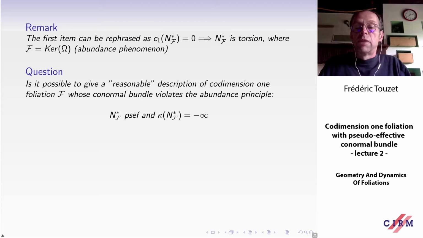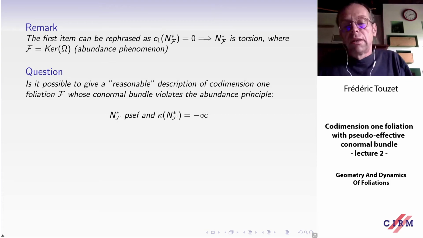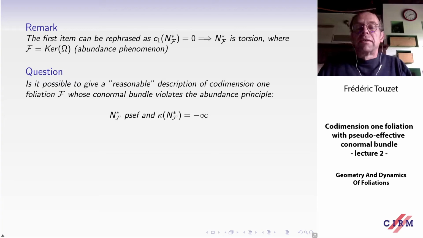So this means, from the previous observations or theorems, can we describe foliations such that the conormal is pseudo-effective and the Kodaira dimension of the conormal is minus infinity. So we have seen previously that such examples exist: examples of the quotients of the polydiscs.